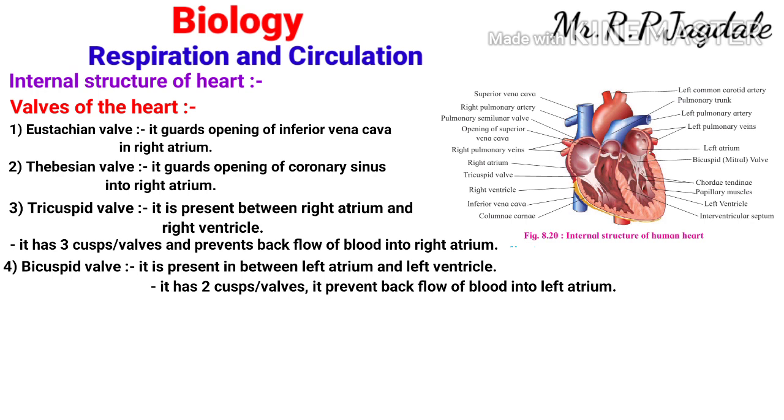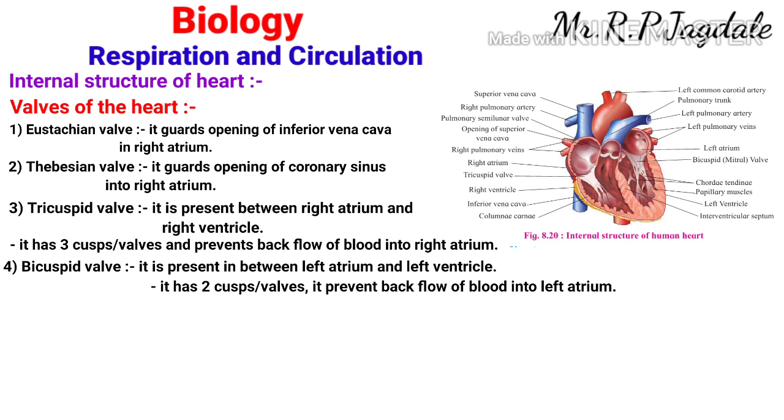Its function is that it prevents the backflow of blood into the left atrium. From the ventricle, blood cannot go to the left atrium. That's why the bicuspid valve is present. So the tricuspid and bicuspid valves prevent the backflow of blood into the atrium.